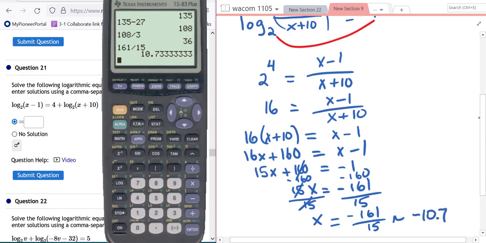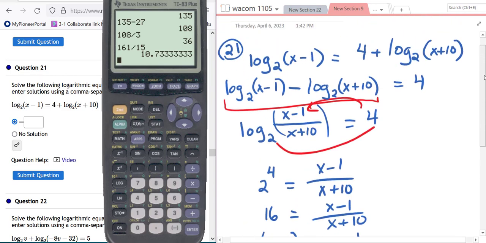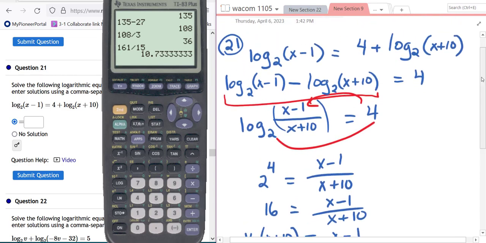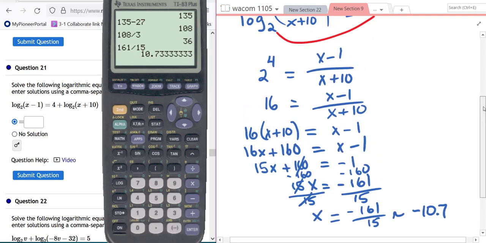All right, and so we'll go back and check. So I said negative 10.7. This gets thrown out in the very first parenthesis, so you don't have to look at anything else. Because it's negative. All right, I just didn't put the negative in when I did it. All right, it is negative, and so there is going to be no solution.